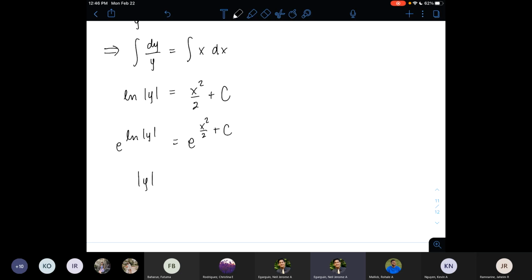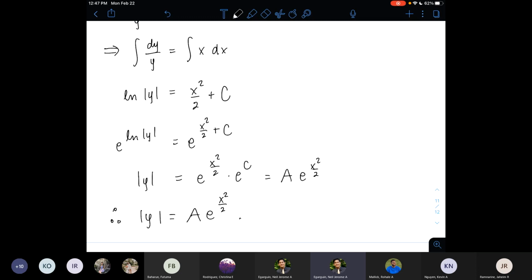So this would be absolute value of y equals e to the x squared over 2 times e to the c, right? Laws of exponents. But here I can write e to the c again as just an arbitrary constant. Let's call it A. So therefore, what we see here is that we have an absolute value of y equals A times e to the x squared over 2.